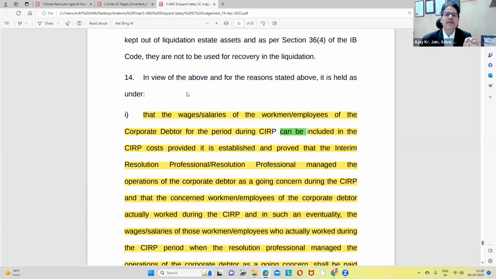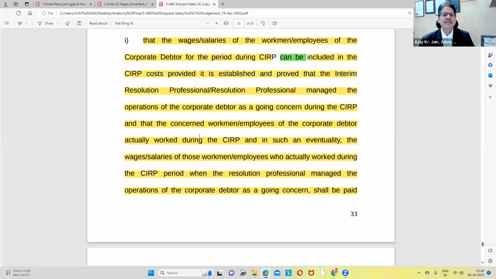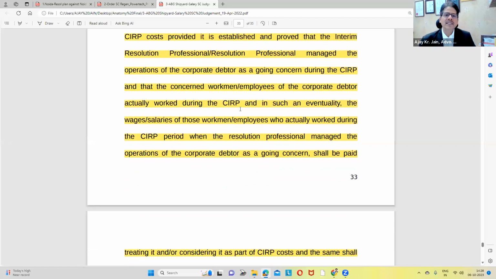In view of the above and the reasons stated above, it is held as under: that wages/salaries of the workmen/employees of the CD for a period during CIRP can be included in CIRP cost, provided it is established and proved that the IRP or RP managed the operation of the CD as a going concern during the CIRP, and that the concerned workmen/employees of the CD actually worked during the CIRP.